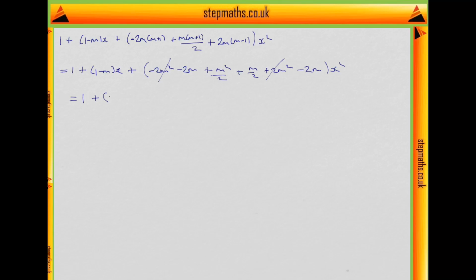So this comes out to give us 1 minus mx plus m²/2, and then a minus term: minus 4m plus m/2 is minus 3.5, so that's a minus 7m/2 x squared, and that's our answer.